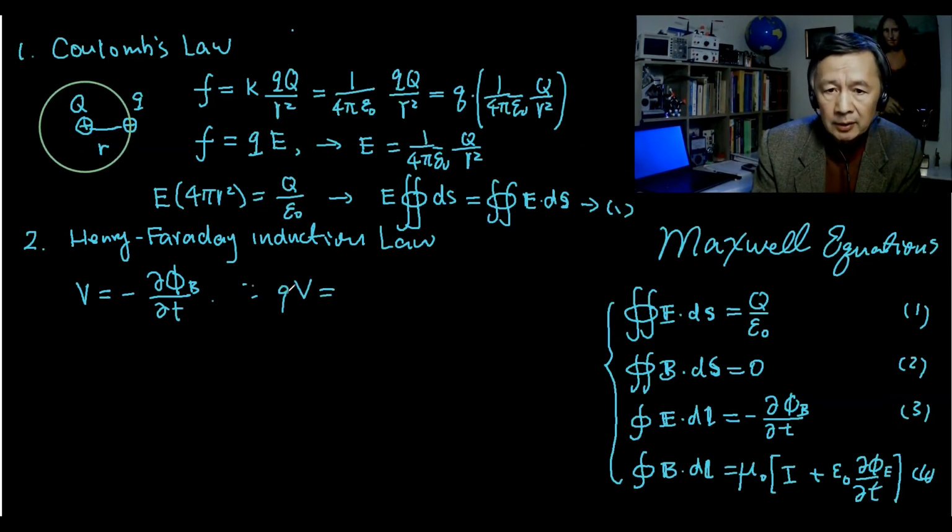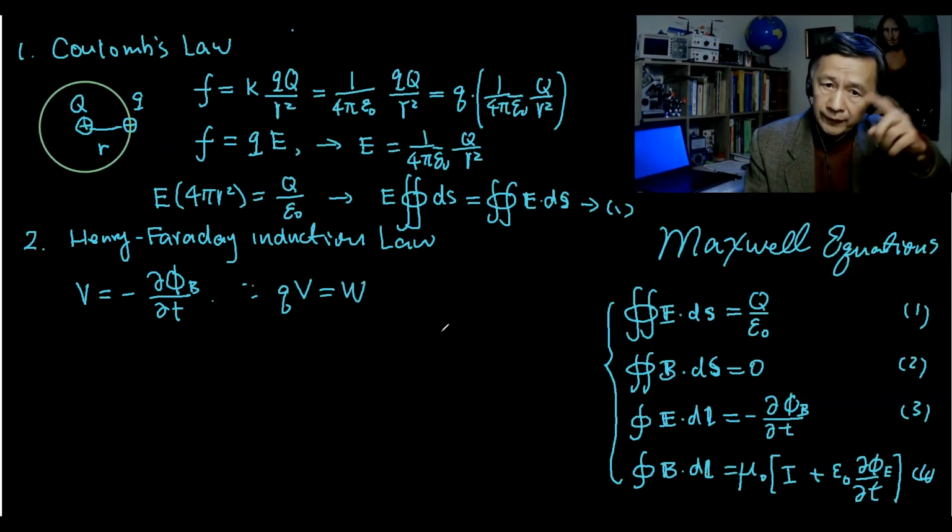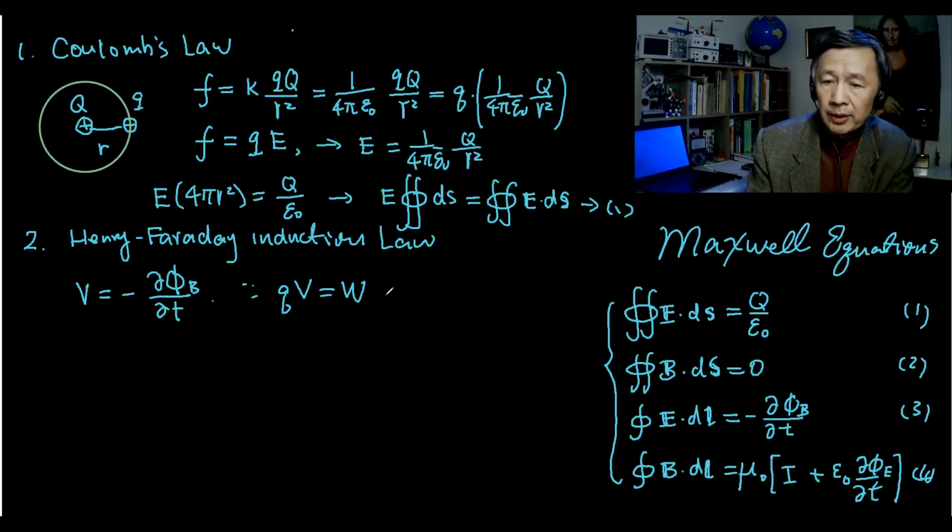If you multiply by Q, you get the work done. If you move a charge along a path, the work done can be obtained by the product of charge and the potential. So V is the electrical potential.